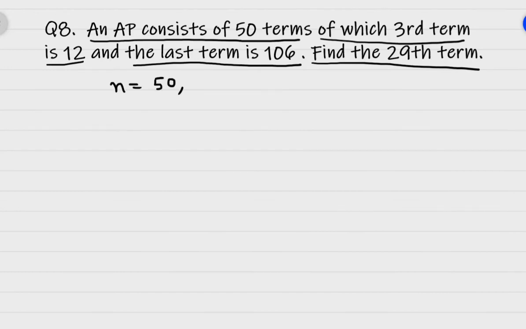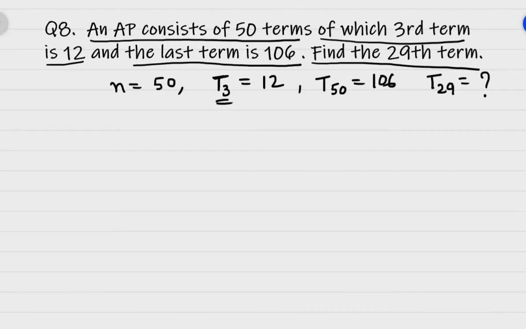Now, third term is 12. That means T3 is equal to 12. You can write A3 also. That depends on you. Since we are speaking as term, I am putting it as 3. T3 is equal to 12 and the last term is T50. T50 is equal to 106. Now you have to find T29, the 29th term.